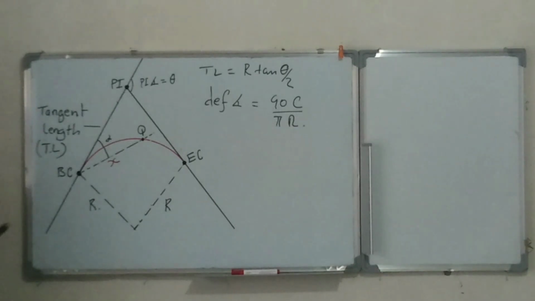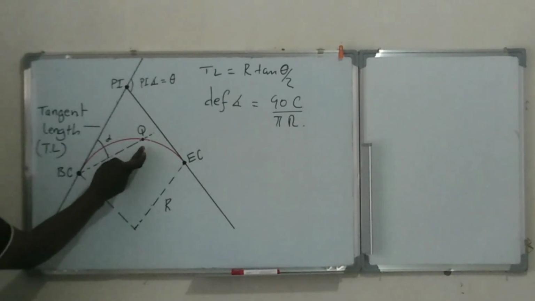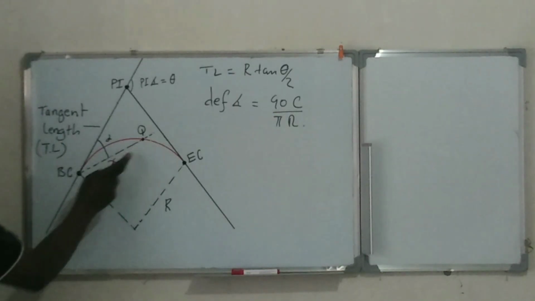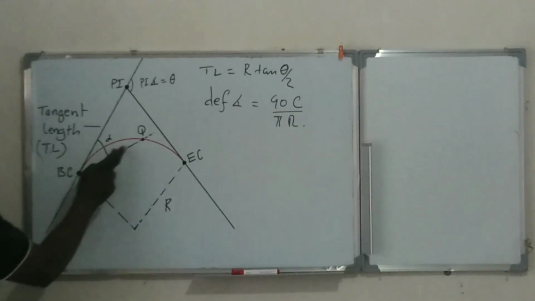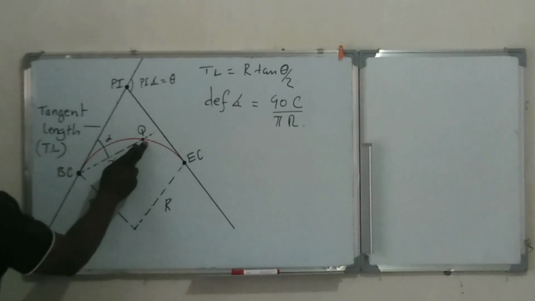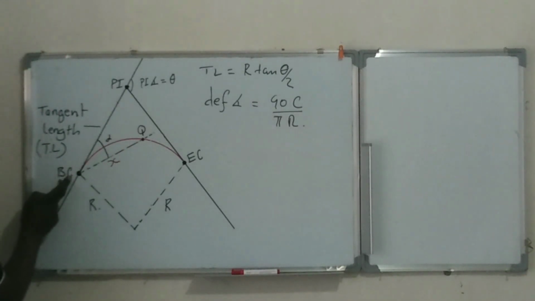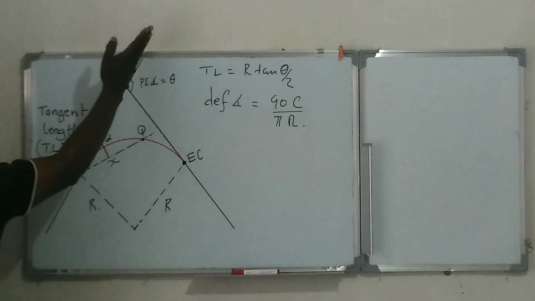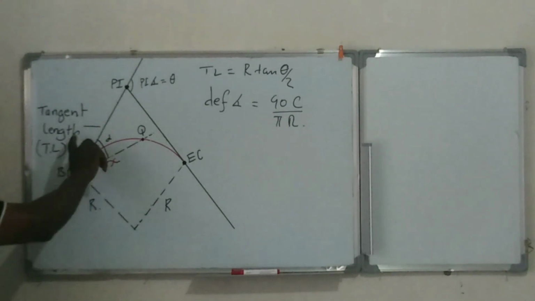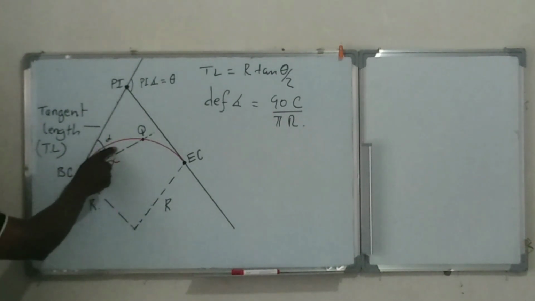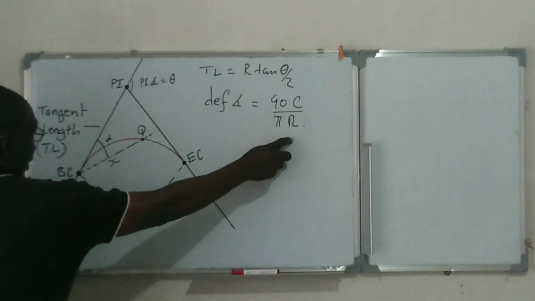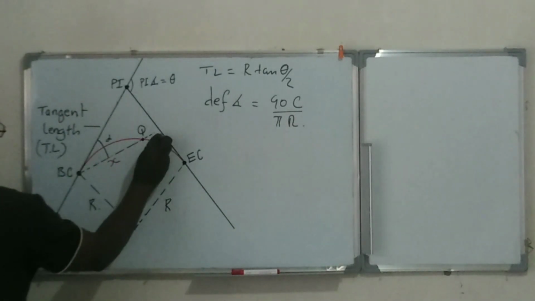So let's just repeat that for a minute. What we want to do is we want to set out the point Q. So we are going to measure along this chord here, and we set up our machine here. We orientate it 0 degrees along this line. Then from 0 degrees, we swing an angle equal to alpha, which is this one here. Then it will put us along this chord line here.